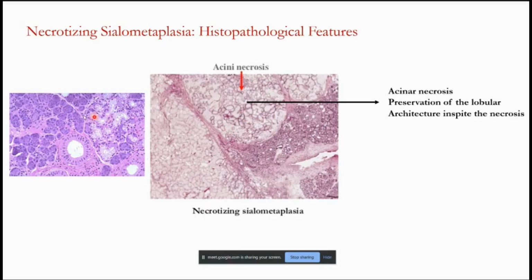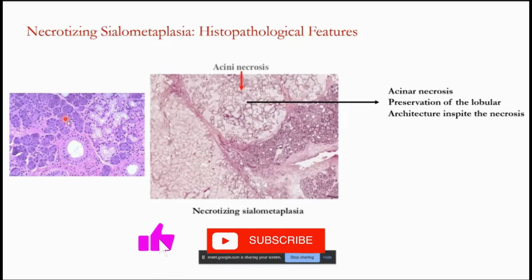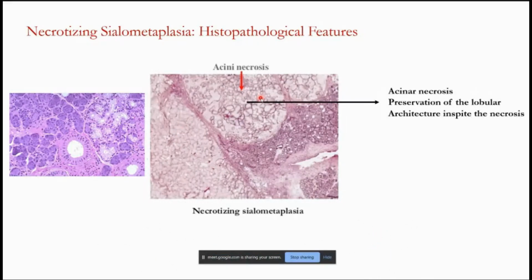So this is a normal picture which I've put here for you. So this is how a normal acini looks. Okay, this is a serous acini, and this is the mucous acini. And in the disease process, this is how the acinar destruction looks. It has lost all the architecture, all the lobular structure of the acini is gone.